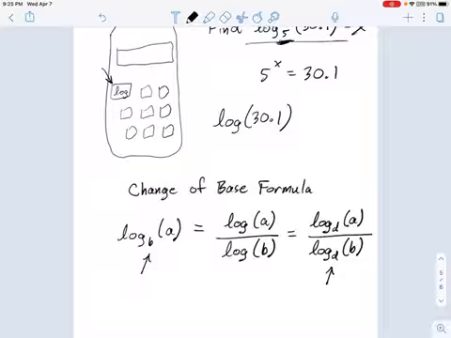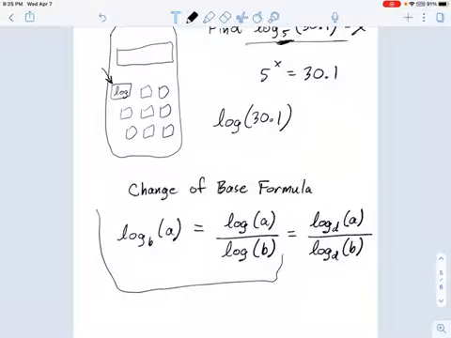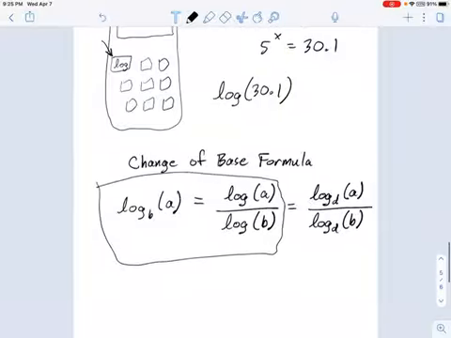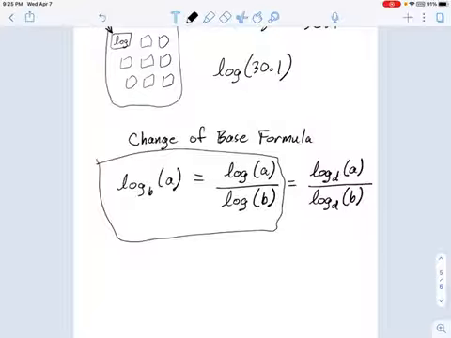There are reasons why this works, and it gets into exponents and rules of logarithms, but we won't get into that detail. You can basically use this change of base formula to get rid of that base b so your calculator can handle it.